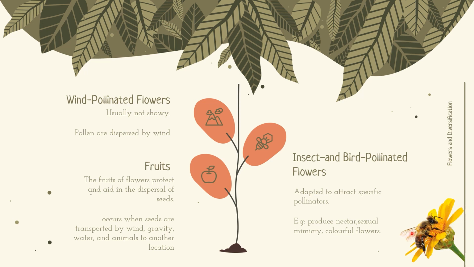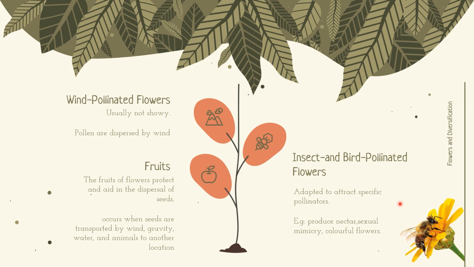Bees will come to the flower to collect nectar, and the pollen of the flower will stick to the body of the bee. When the bee flies to another flower, it will bring the pollen of the first flower with it, and the pollen will transfer to the second flower when the bee lands on it.